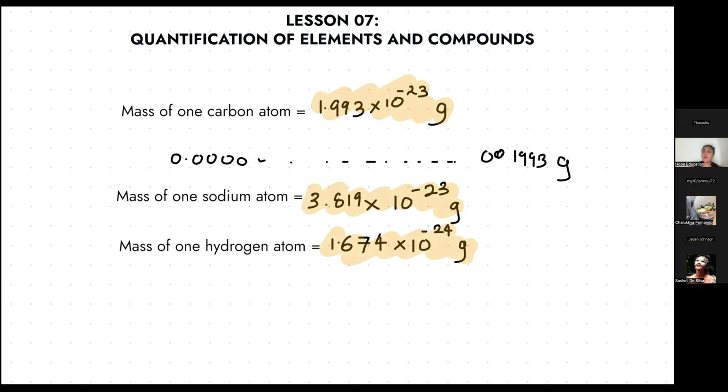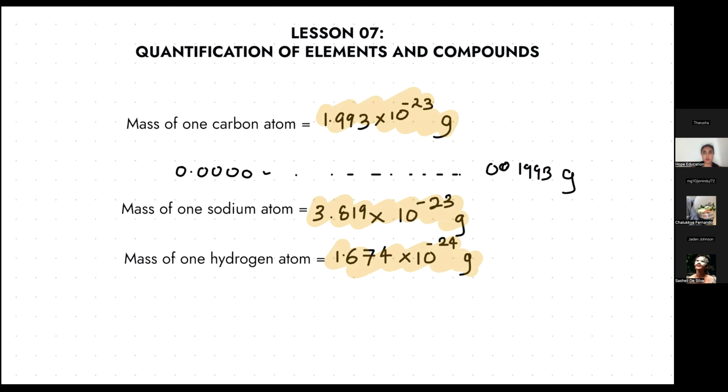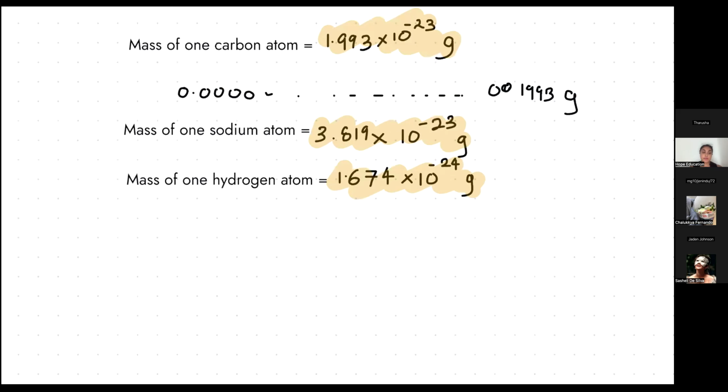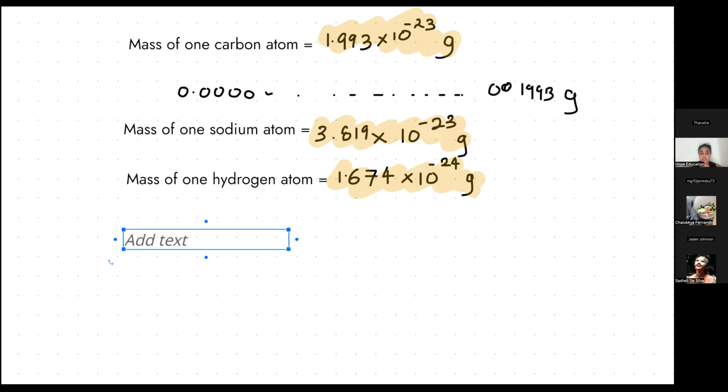However, now we have a different unit, because grams, milligrams, micrograms, nanograms don't suit. That unit we call the atomic mass unit, AMU. This is a unit specifically used to measure elements and compounds.